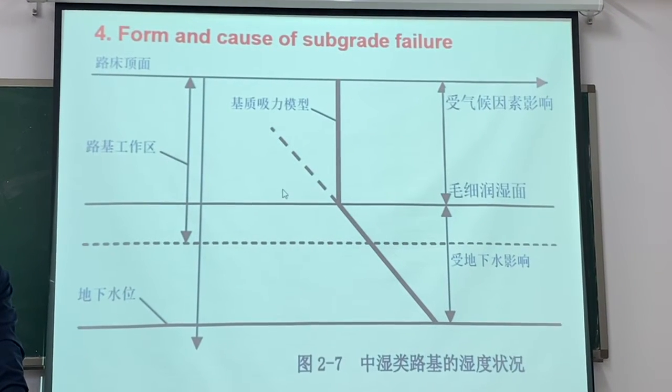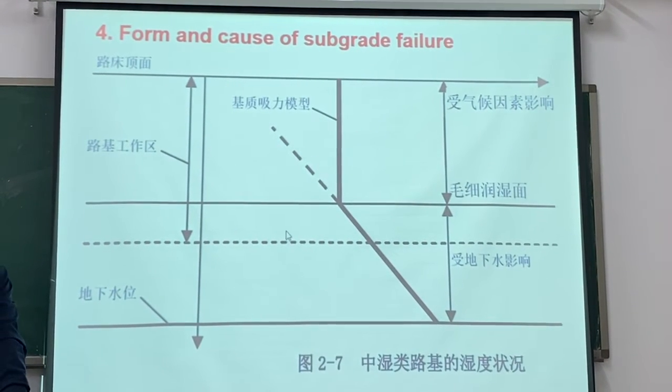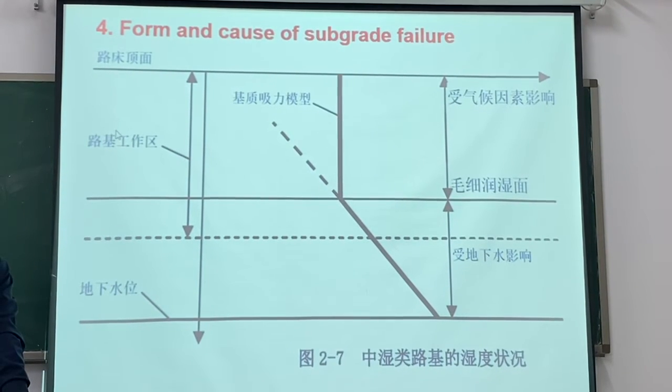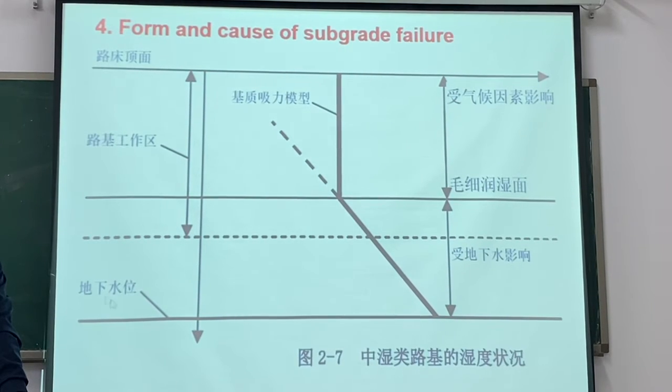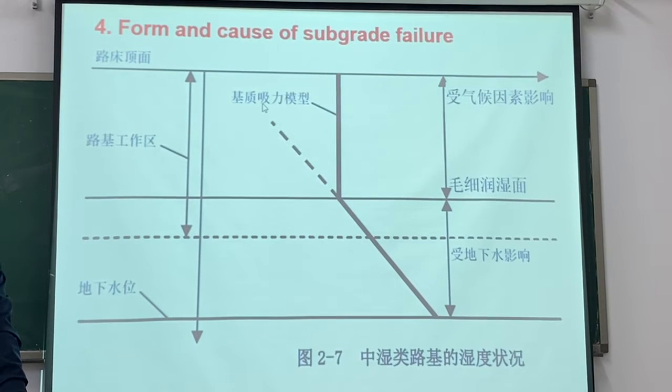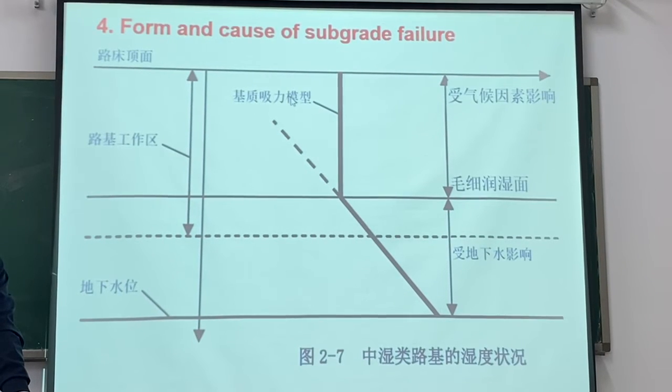Now, from this we can know that 陆基工作区 is a subgrade work zone, and this is the water level, and this is the matrix suction model.